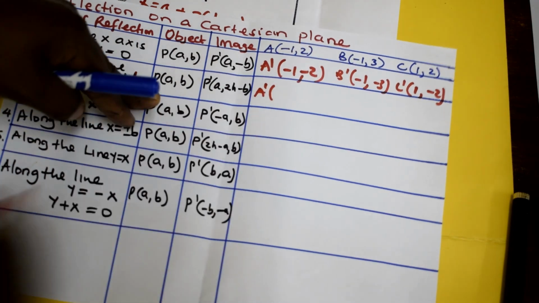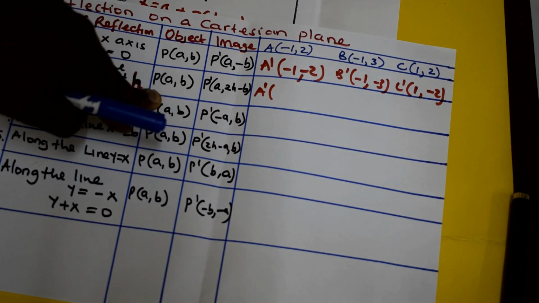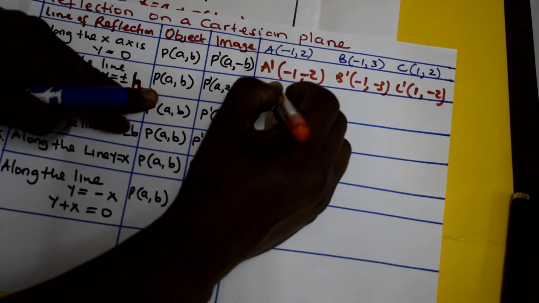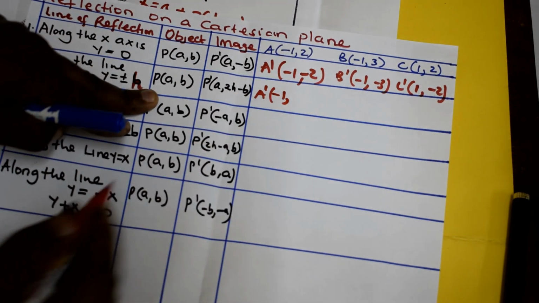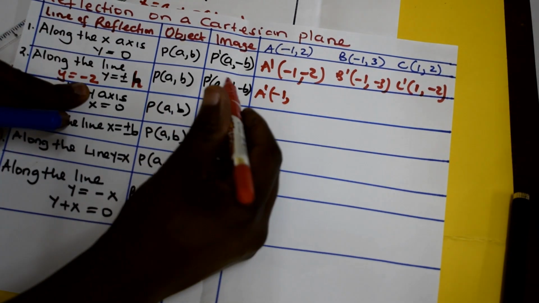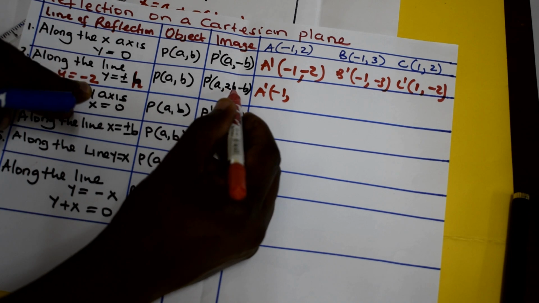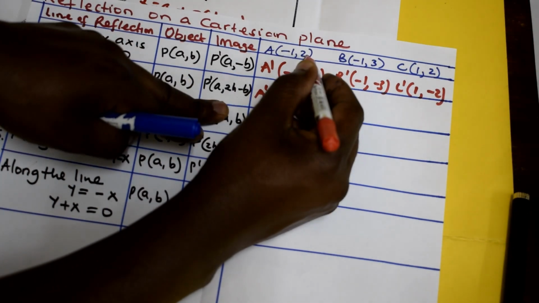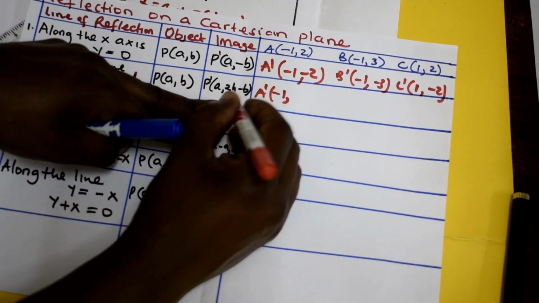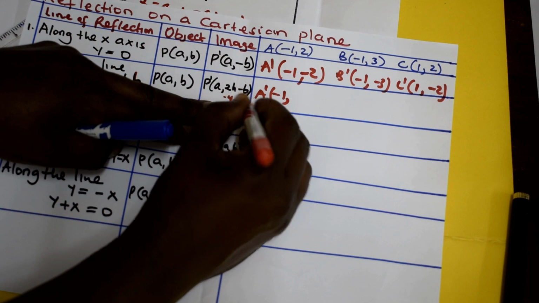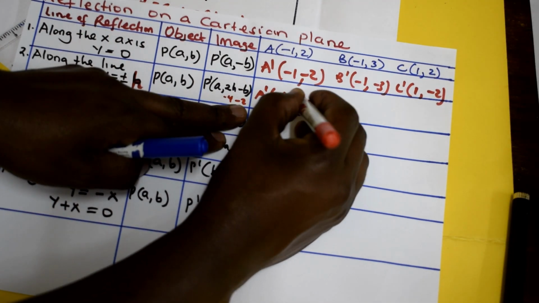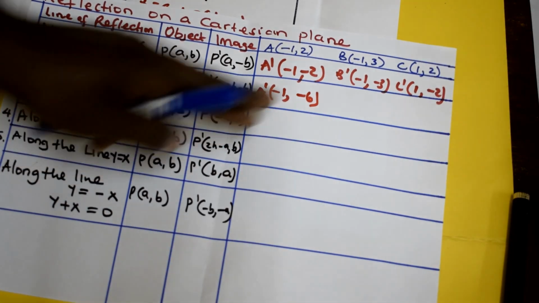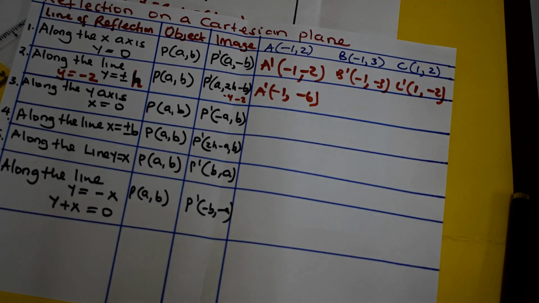The object points we are going to use are the ones which are given there. So this will be negative 1. And then we are talking of y equals negative 2, so negative 2 is the one that you call h. So 2 times negative 2 gives us negative 4, minus 2, which will give us negative 6. You can try the others for B and for C.